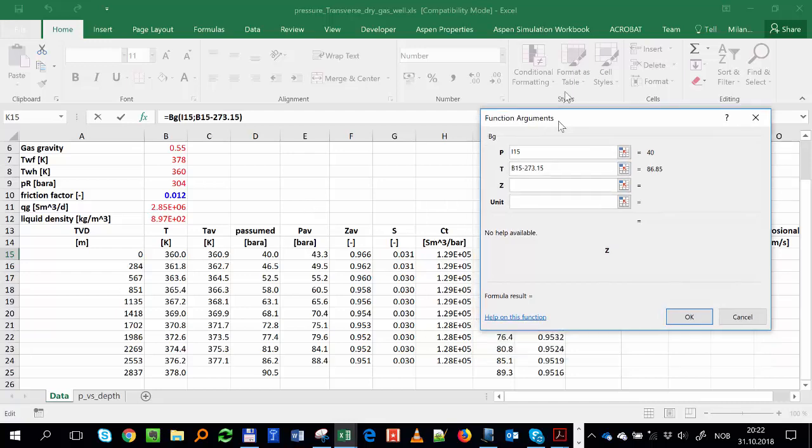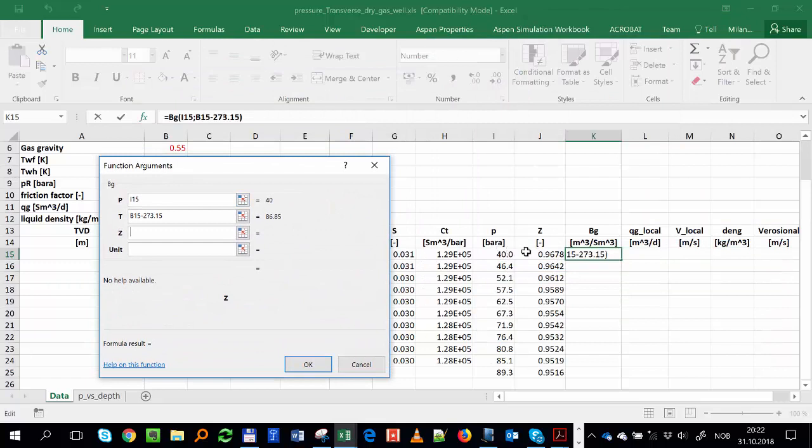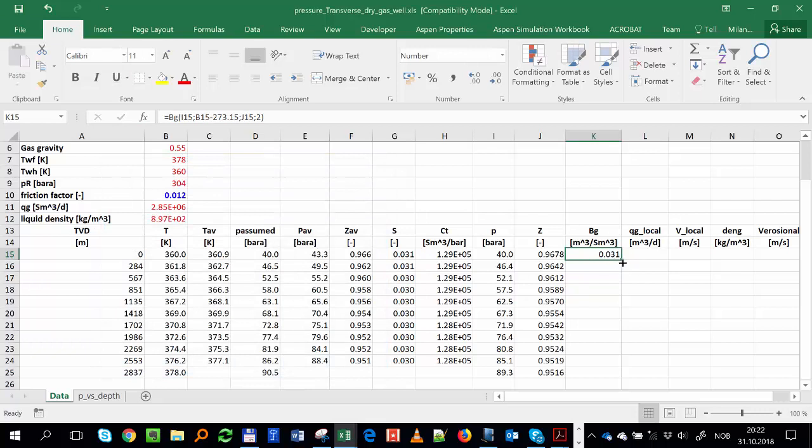The set, I use the set of the point, this set, and the unit will be 2, and you see at least the order of magnitude sounds reasonable, 3 to the minus 2. And we drag it down.